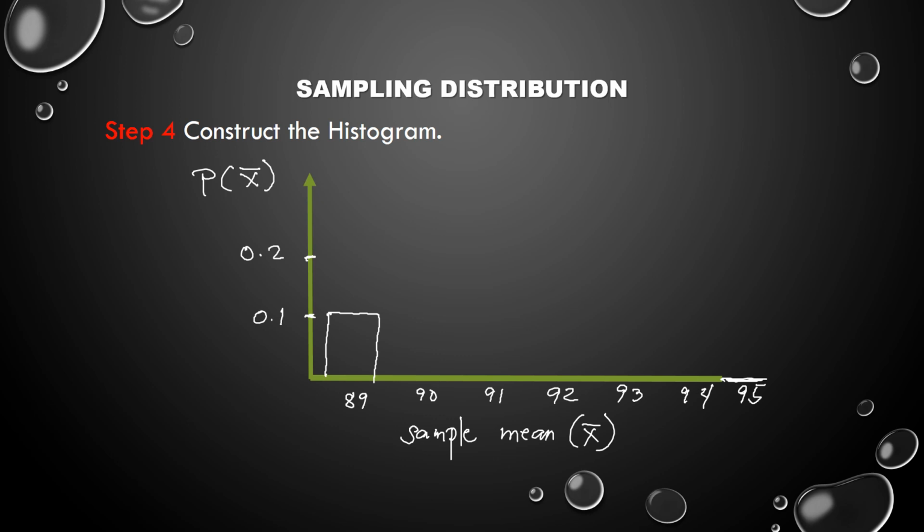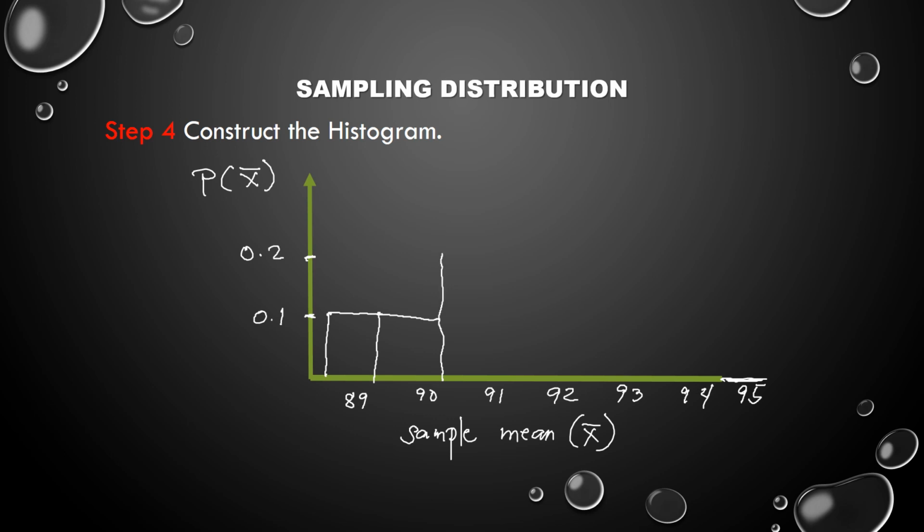Next, we go for 90. For that 90, we have our probability as 0.1 again. So I can draw another rectangle. Sorry, I'm not that good of an artist. I'm not gifted in that field. Anyways, assuming that that's perfectly a rectangle, that will be your graph. Next one, we have our 91, and 91 will be with 0.2.